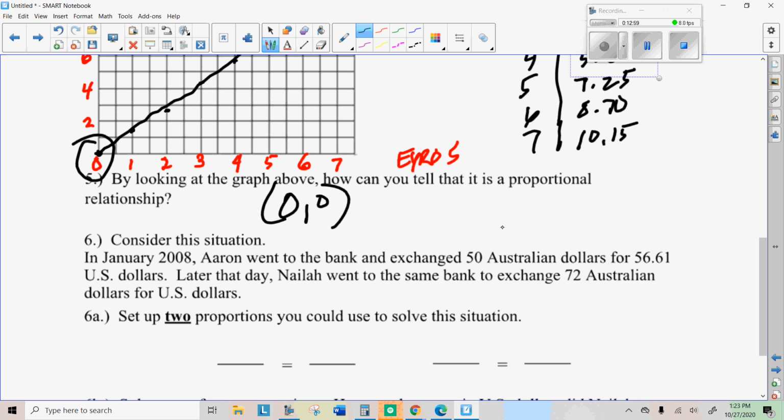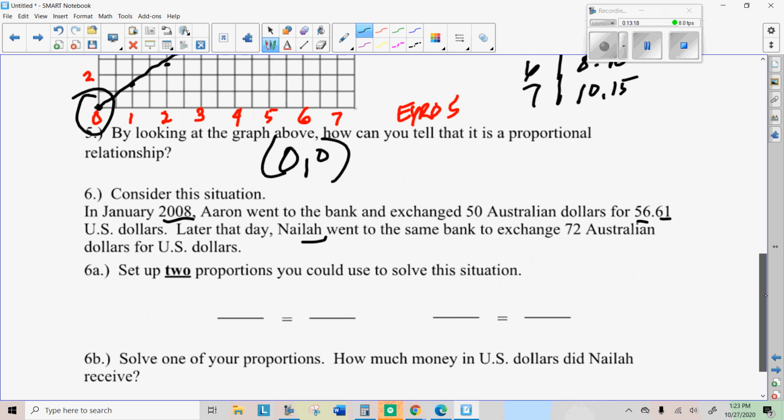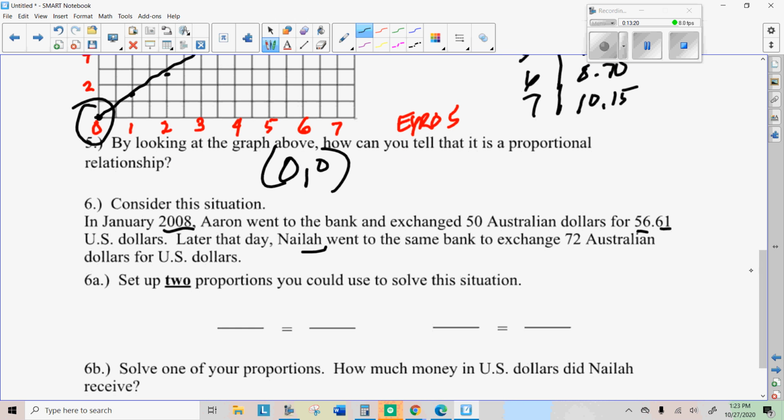For number 6, it says, in January 2008, Aaron went to the bank and exchanged 50 Australian dollars for 56.61 US dollars. Later that day, Alia went to the same bank to exchange 72 Australian dollars for US dollars. So we're going to try and exchange these Australian dollars into US dollars. So let's do 50 Australian dollars.